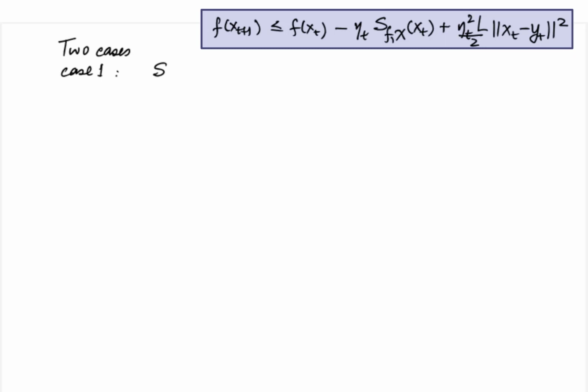In the first case, we have that s of xt divided by L times norm square of yt minus xt is less than or equal to 1, and eta t is equal to s of xt by L times norm square of xt minus yt.